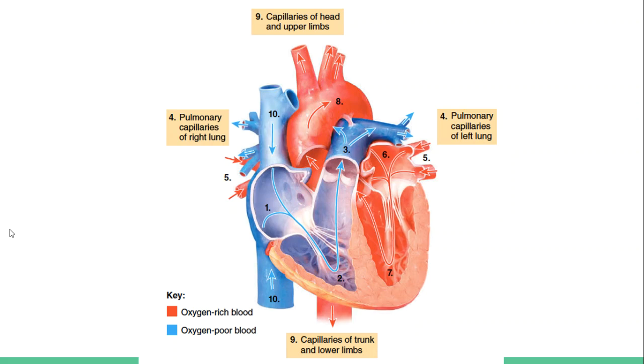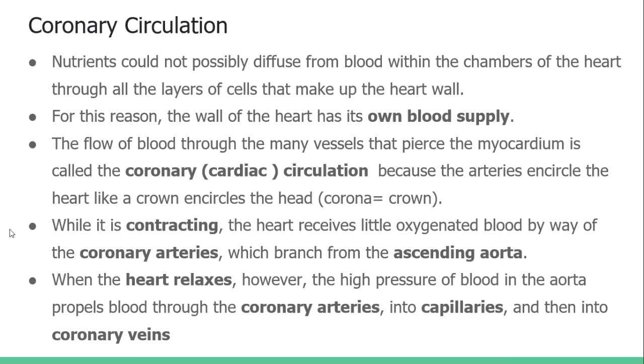Oxygen-rich blood is on the right-hand side, and the left is the oxygen-poor blood, deoxygenated blood in other words. This one connects the lungs, the pulmonary capillaries of the right lung, to the capillaries of the head. This is from the aorta.